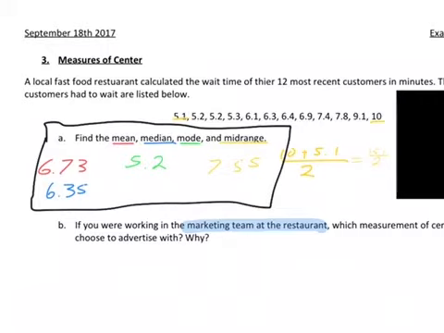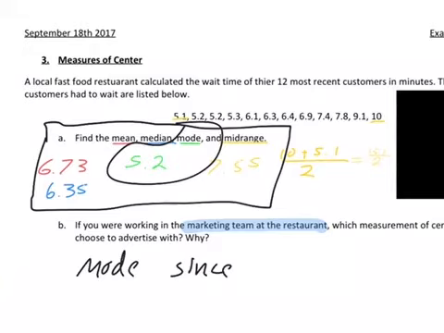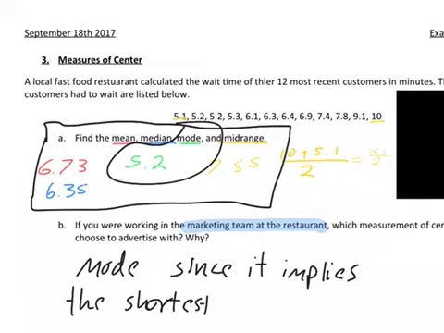But if you're trying to make your numbers look good, I would probably pick the lowest value. So in this case, I would pick the mode, since it implies the shortest wait time. And I apologize, my handwriting is even worse on these little electronic screens. But I think that is what makes the most sense.